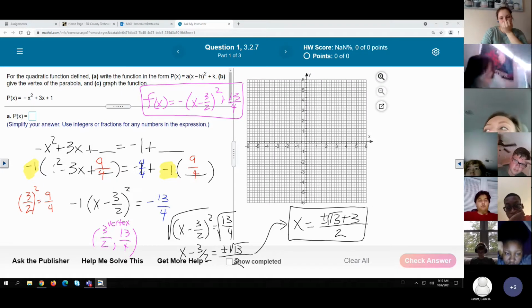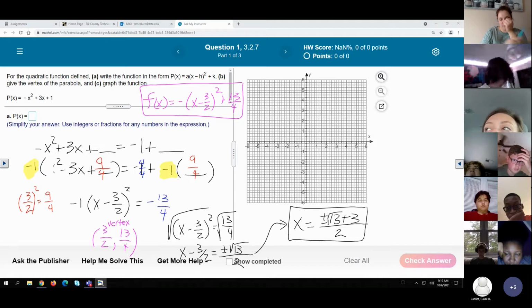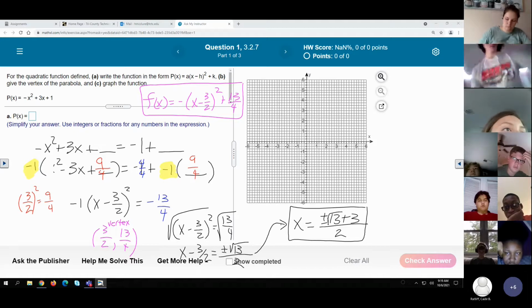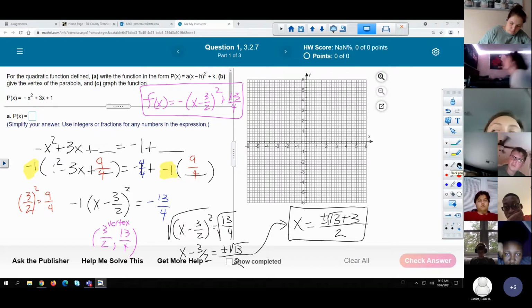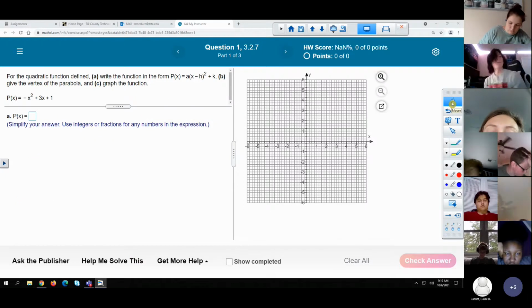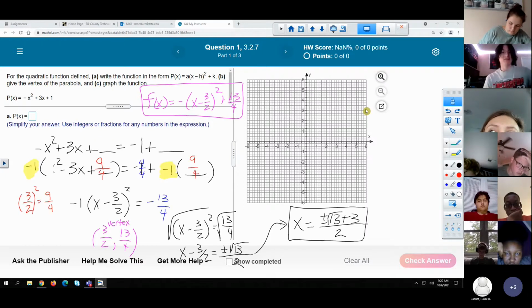And I don't know how you're going to graph those, so I'm going to go again with the vertex and the y-intercept. And I think on the videos, this is like the third or fourth one we did, because we put the negative in there.